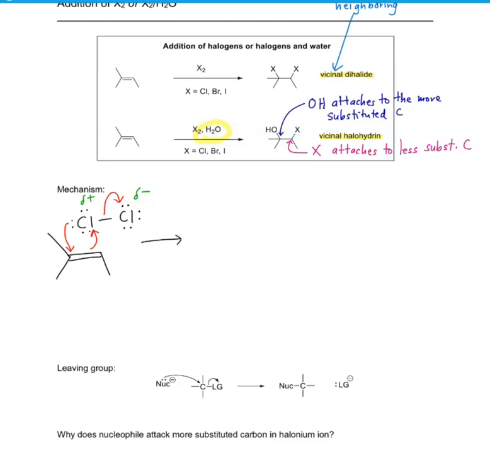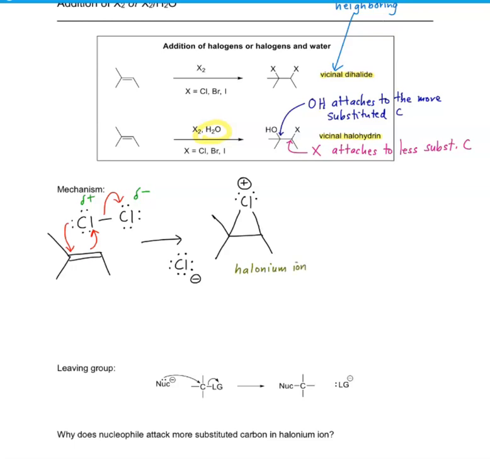Now the result of those arrows gives us this structure here: a three-membered ring with two carbons and an atom that's not a carbon, so a heteroatom, with a positive charge associated with the ring. We also have a chloride ion that was released in that first step, so that's hanging around. The structure that we just made, this little three-membered ring, is called a halonium ion, from halogen.